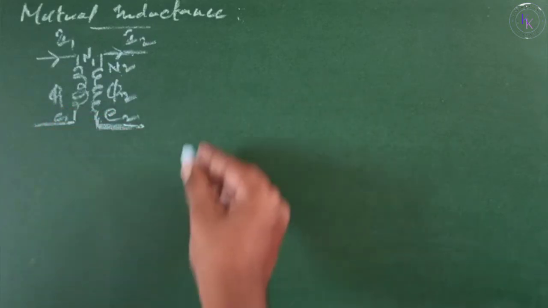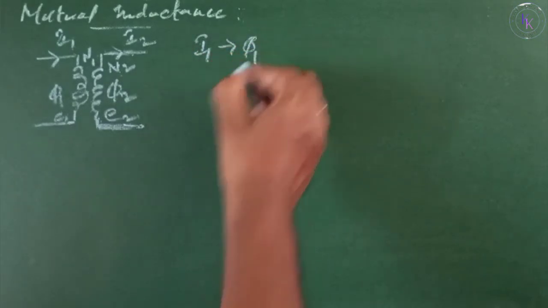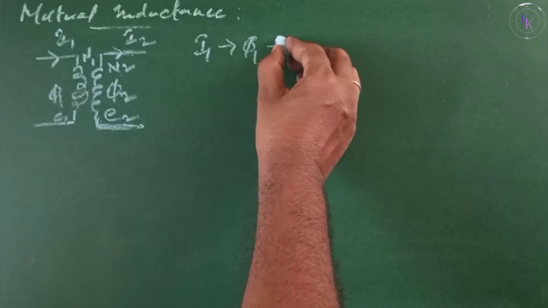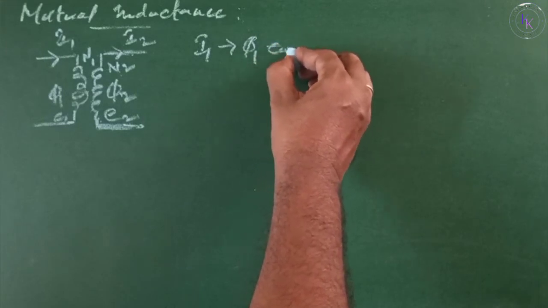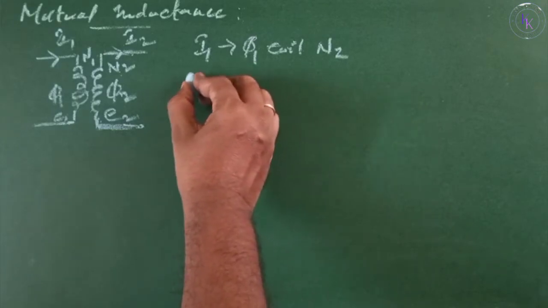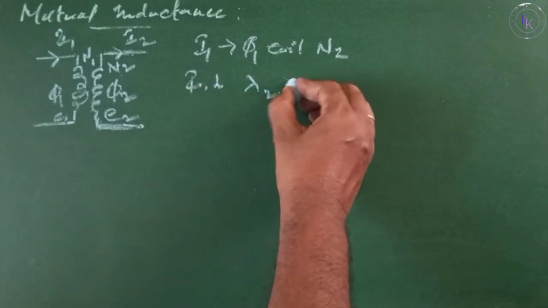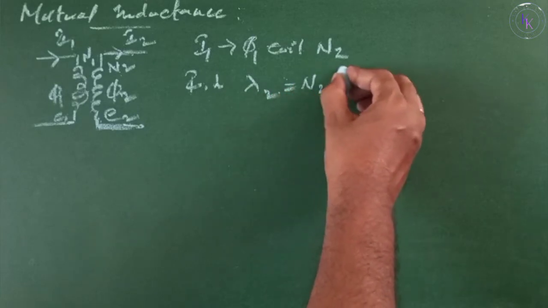From the definition, I1 is going to cause flux phi1, which is going to link in coil 2 with N2 turns. So the flux linkage in coil 2, that is lambda 2, is given by N2 into phi1.